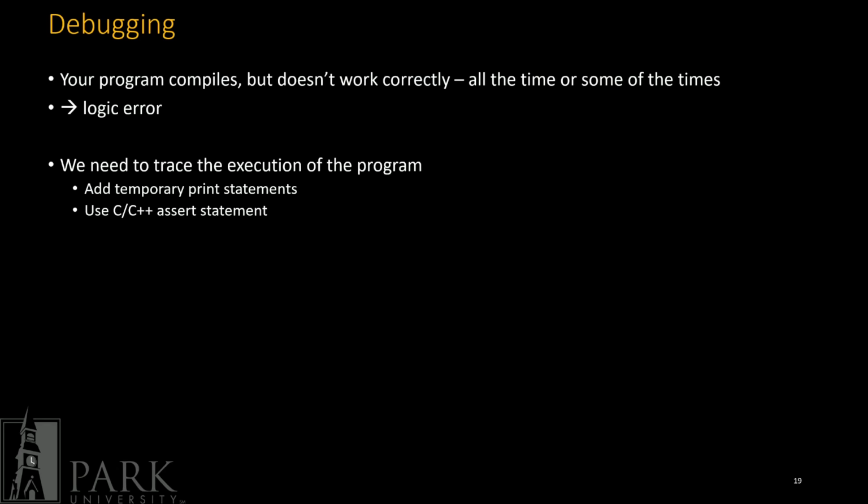So if you're looking for some kind of input and you're saying this variable should be greater than 0, you assert that the variable is greater than 0, and if it's not, when you execute your program, it will terminate automatically and tell you, hey, this failed because this value was not within the bounds of the assert. That is another debugging technique you can use to find certain conditions that you don't want to happen.